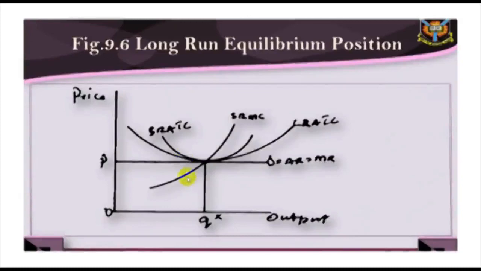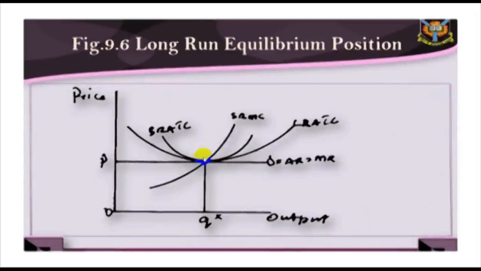This implies that short-run average total cost must equal price. 3. No firm can earn profit by building a plant of a different size. This implies that each existing firm must be producing at the lowest point on its long-run average cost curve.